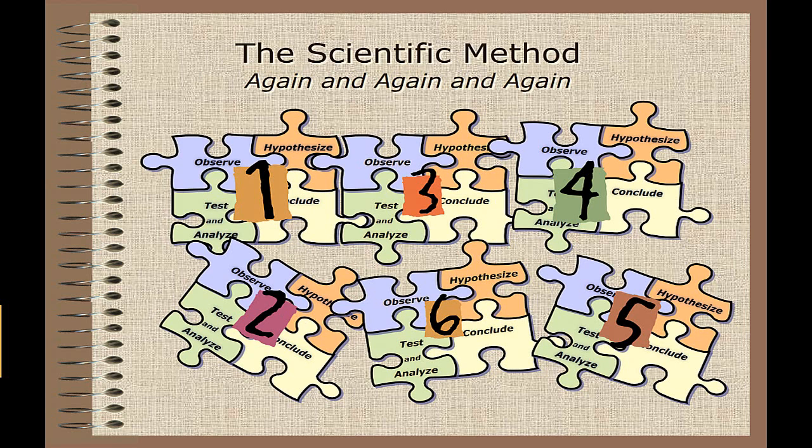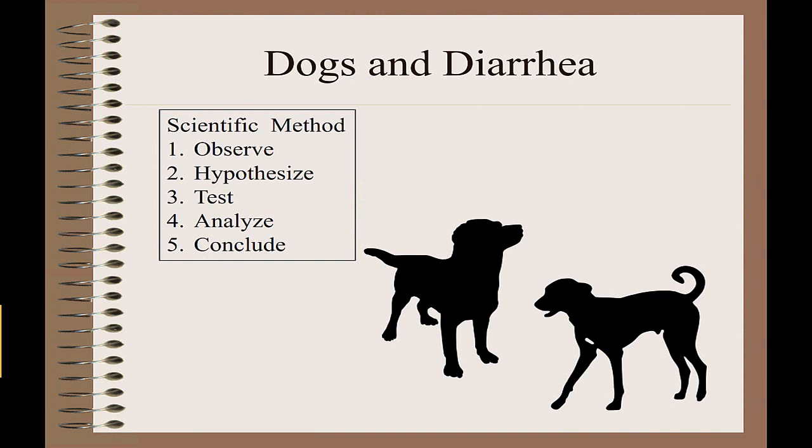And you do this process one, two, three, four, five, six, however many times, each time looking at your data, articulating a hypothesis, testing it, analyzing your data, concluding, modifying perhaps your hypothesis, and continuing on.